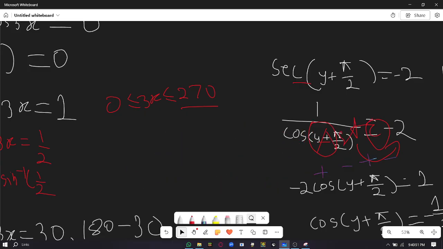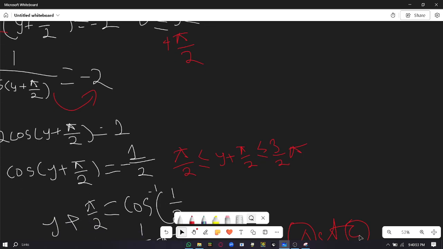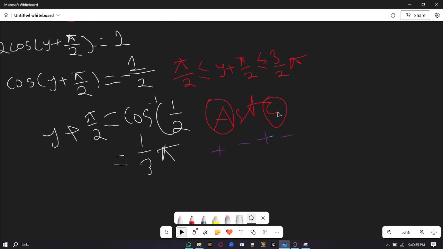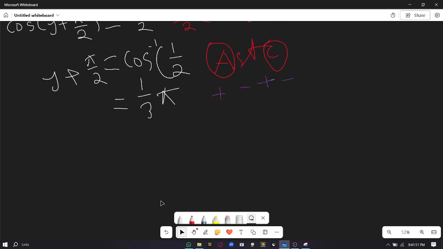So let's just pull it all the way over here. You notice that we have cosine is negative. Cosine negative means anything but the first and the last. So it's the second and third quadrant, which is 180 minus that value, 180 plus. So we can't just say 180 whatever.